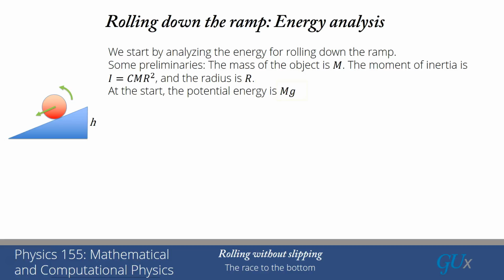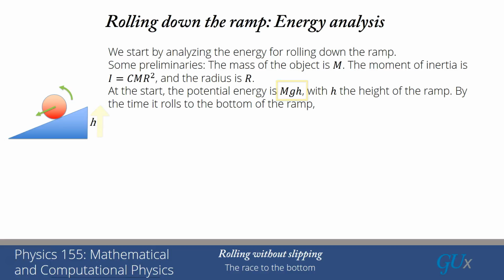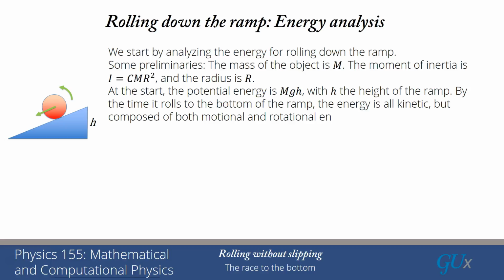At the start, the potential energy is given by mgh, where h is the height of the ramp. By the time it rolls to the bottom of the ramp, all of that potential energy has been converted into kinetic energy, but we have to keep in mind the kinetic energy is composed of both the translational motion of the center of mass, and the rotational motion about the center of mass.